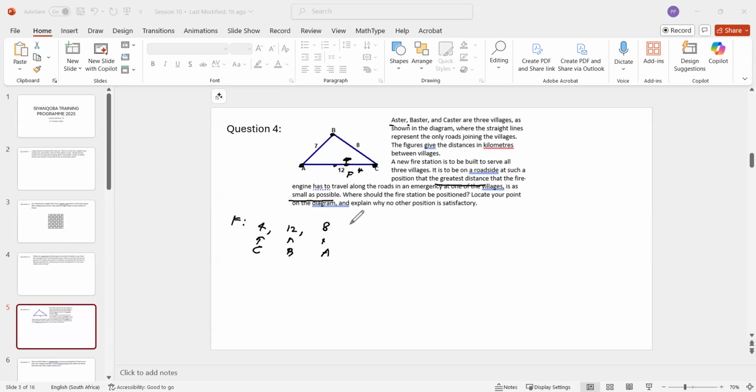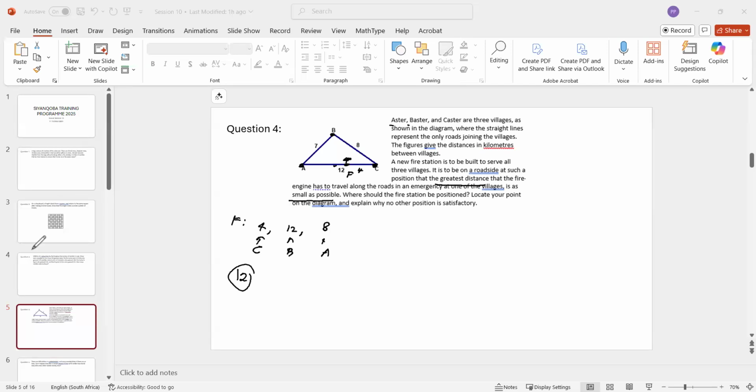Okay, now you want the greatest distance to be as small as possible. So here the greatest distance is 12, but you want that to be as small as possible. If I chose it here, then the greatest distance is 12, if I chose it 4 kilometers from Costa. Okay, so how are you going to solve this problem?